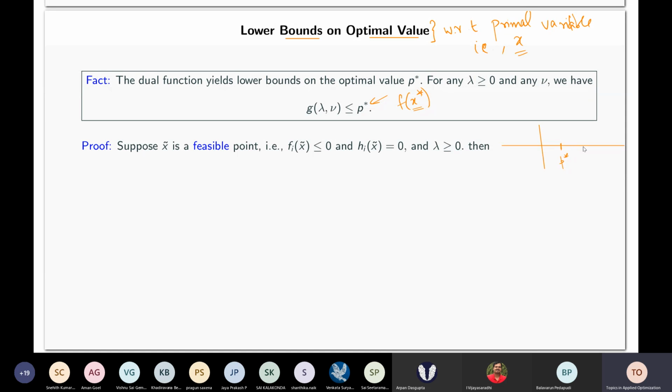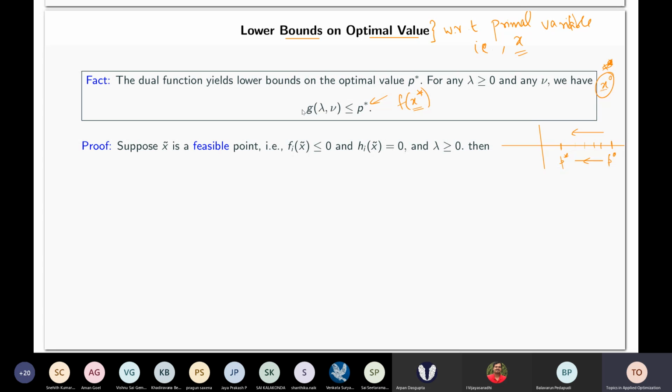Naturally, any random point x0 we start with is very rarely going to hit x star directly in one step. You will start with something giving you some value p0, apply some iterative method, and try to converge, so you are approaching p star from higher to lower.